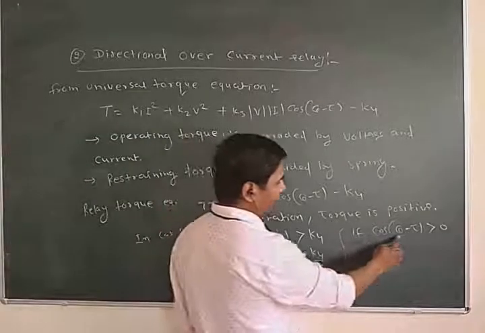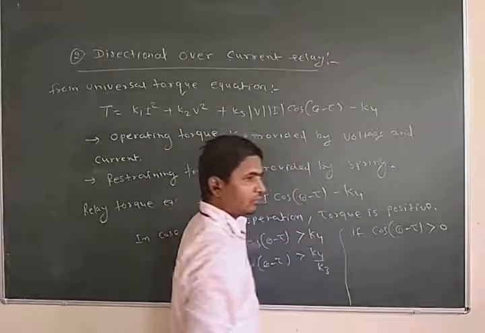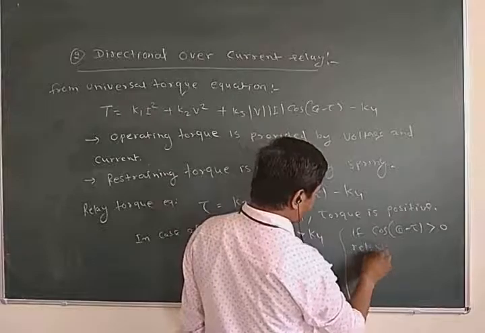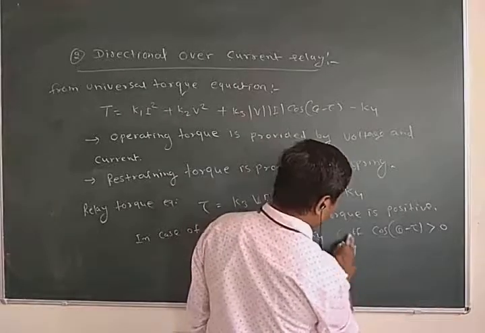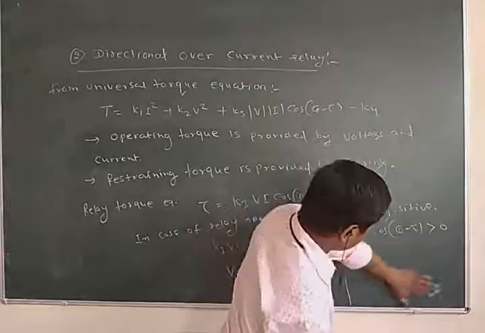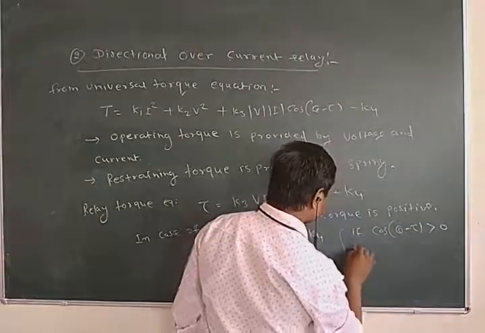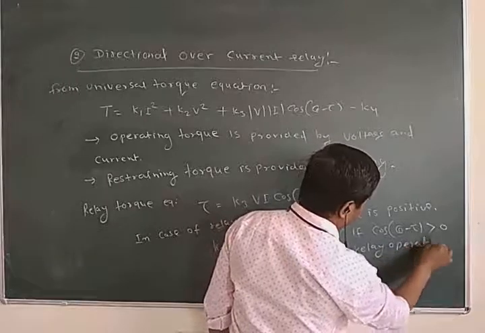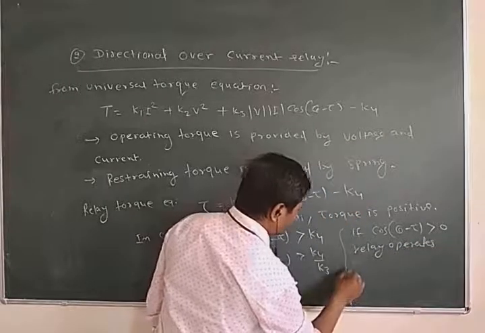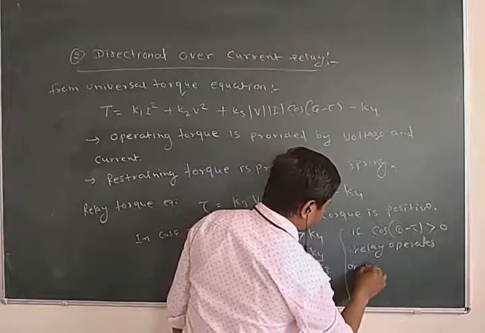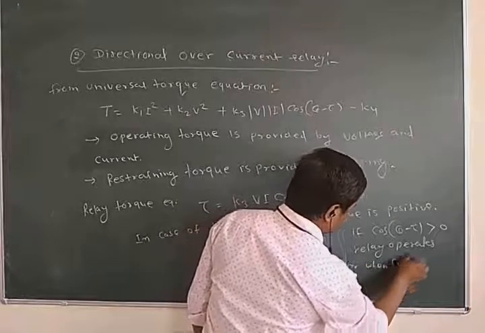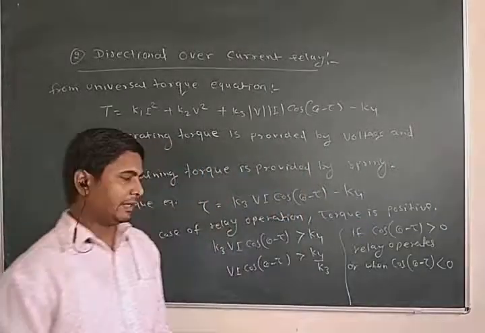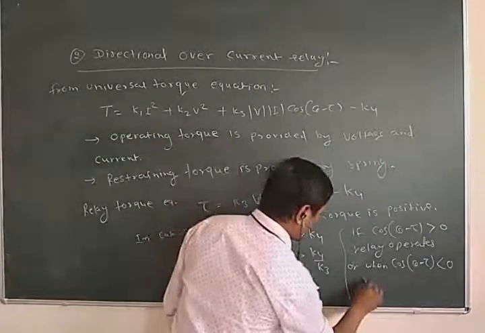When cos(theta minus tau) is less than 0, the relay will not operate.